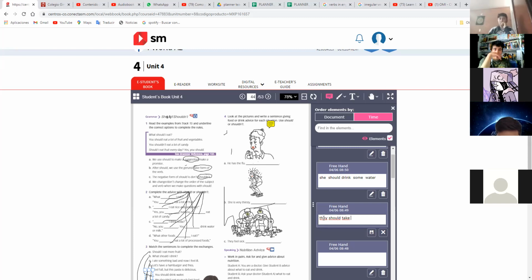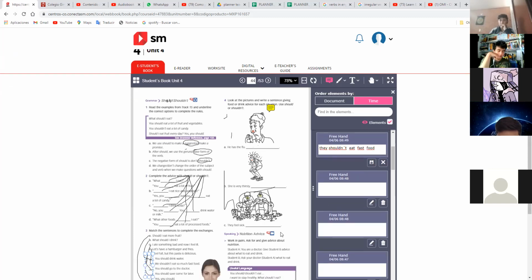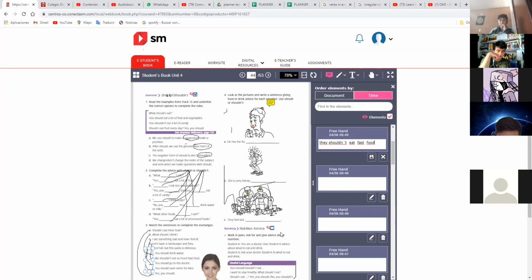Ellos comieron mucho, entonces el consejo sería que no coman tanta comida chatarra. ¿Cómo se diría? They shouldn't eat fast food. Correct. And that's all. Finished. That is good. Yes, that's all for this page. Any question? ¿Alguna pregunta del should?